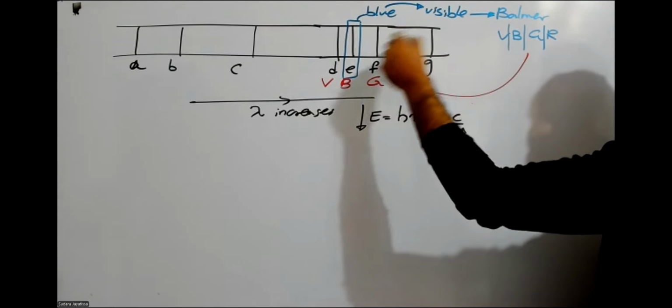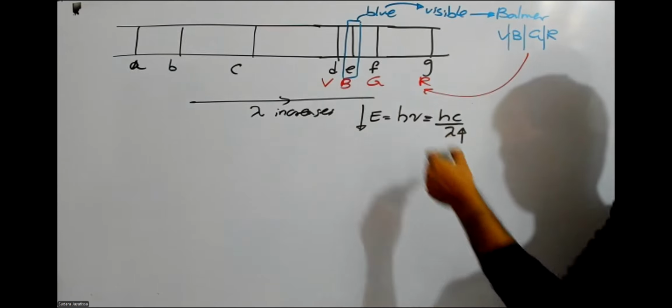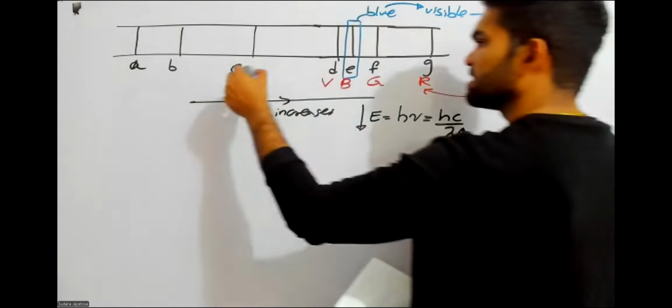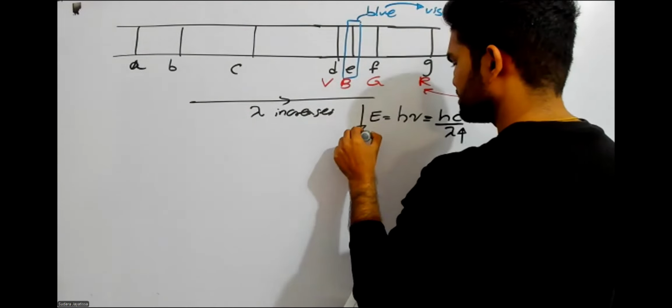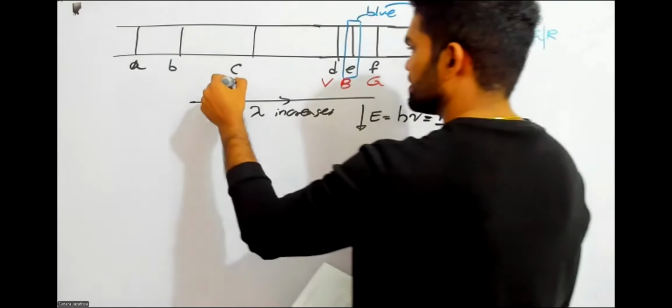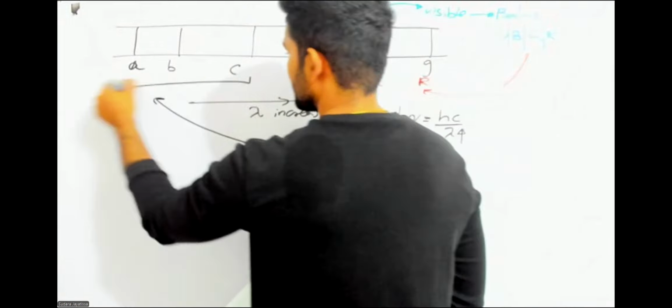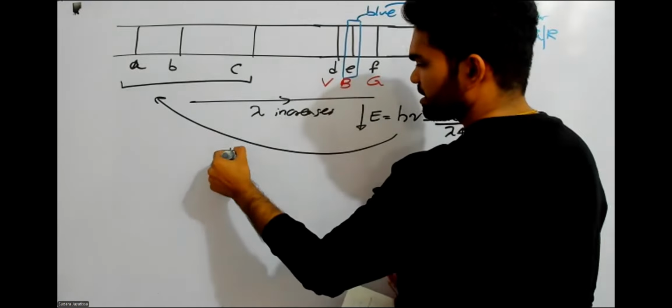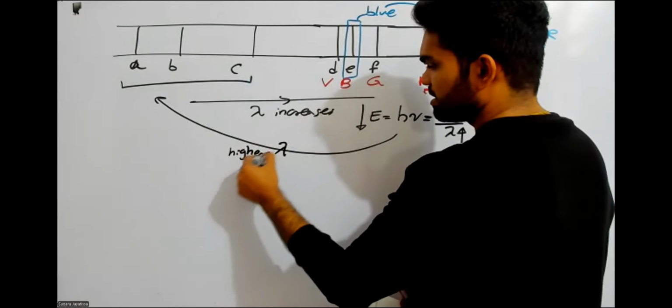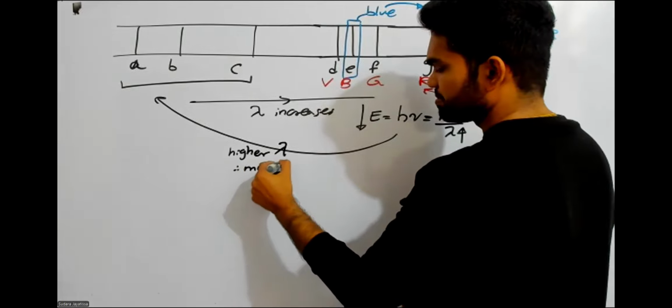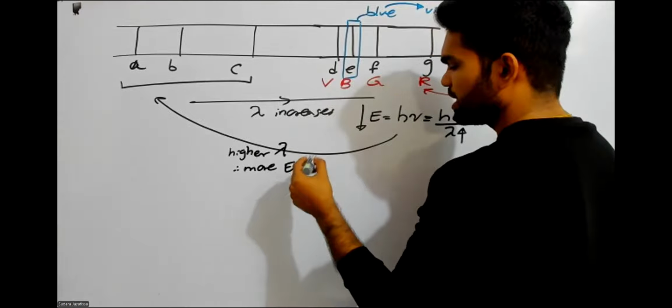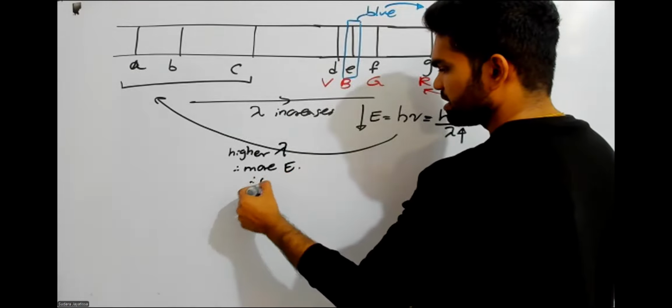So Balmer series is having a lower energy. So the other series, according to this, is having high energy. These four lines are having lower lambda, so more energy. Then it must be what?